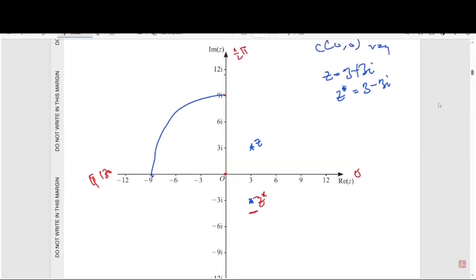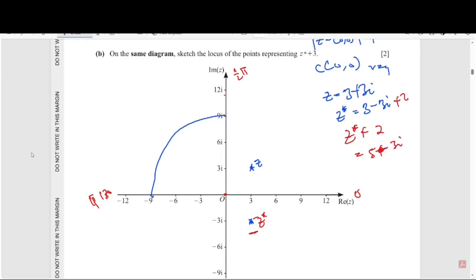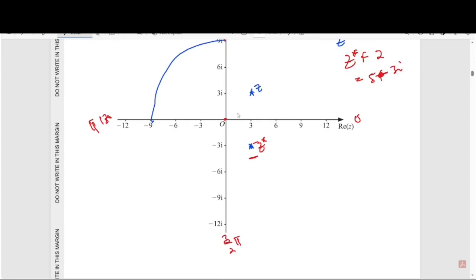Now again, let's add a number. I'm trying to add, let's say, 2 to z star, which means that we're going to add 2 to the z star over here, giving us 5 minus 3i. And let's try plotting 5 minus 3i. 5 is somewhere here. Let's assume it's here.